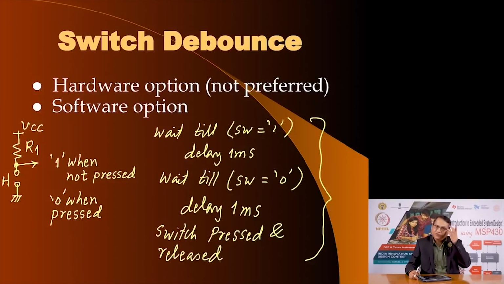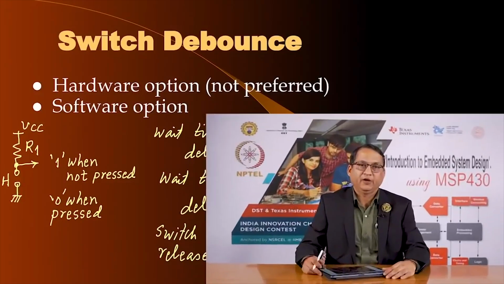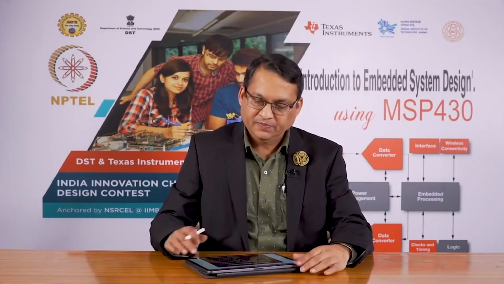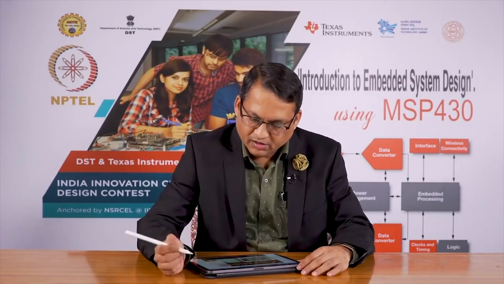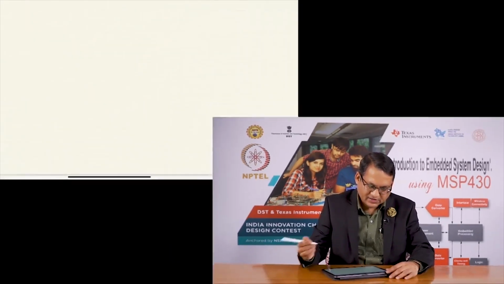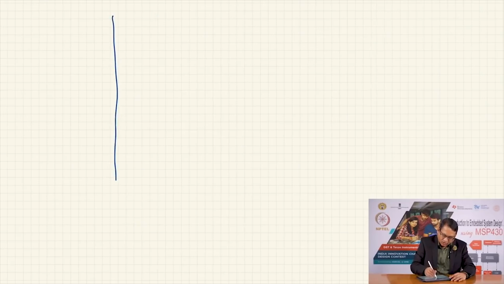Now, we have seen how one switch can be handled by the microcontroller. Let us now see, if you have multiple switches and you do not have individual pins to connect to each of these switches, how are you going to handle a large number of switches, and that is handled by connecting these switches in a matrix form. The argument behind the matrix is as follows, that you would create a row and column.